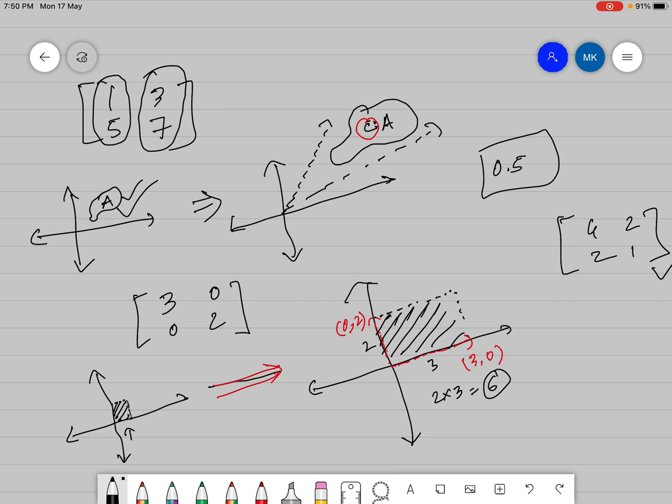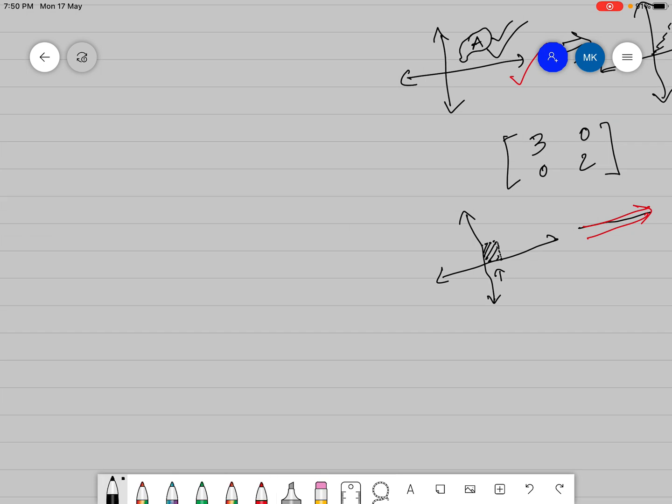After the transformation, the transformed i cap and j cap fall on the same line, and the shape becomes like the red line here. As we know that a line occupies no area, the determinant here is 0.